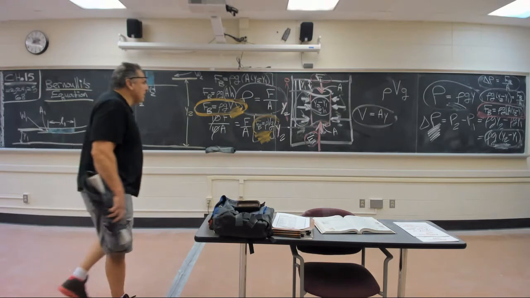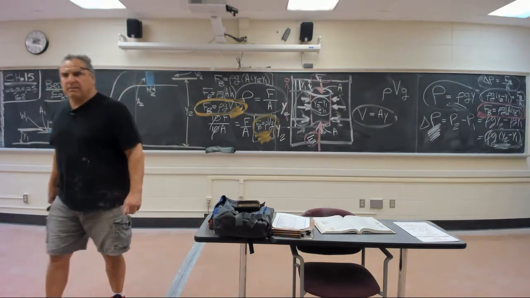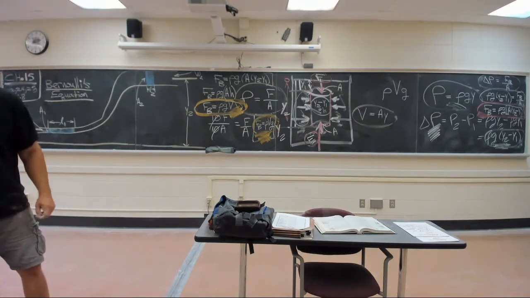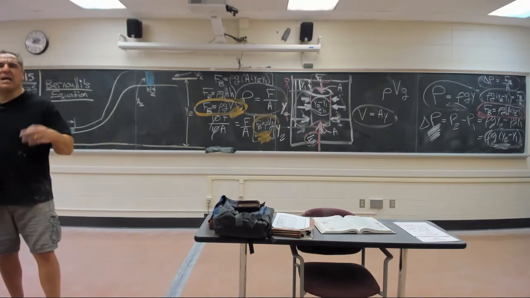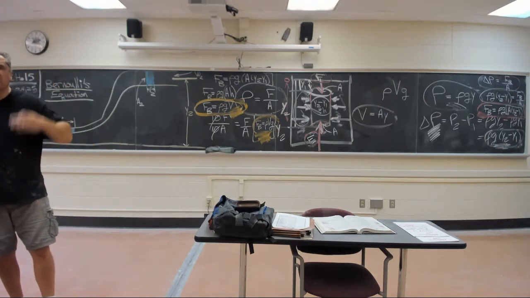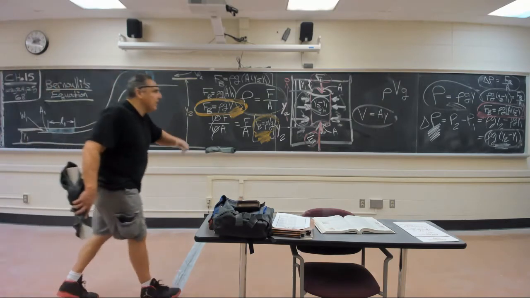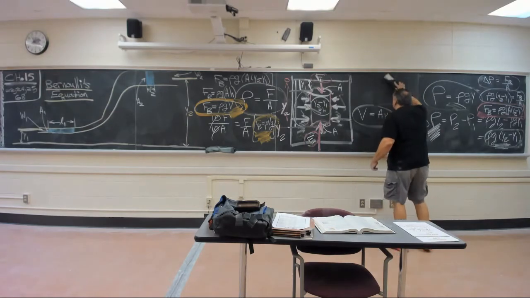What does that mean? That means the amount of fluid displaced in terms of mass times g, in other words, the weight of the fluid displaced, is the amount of buoyant force that's being exerted on the cylinder. And the cylinder's got a different mass than that. So that's where a lot of that stuff is coming from.